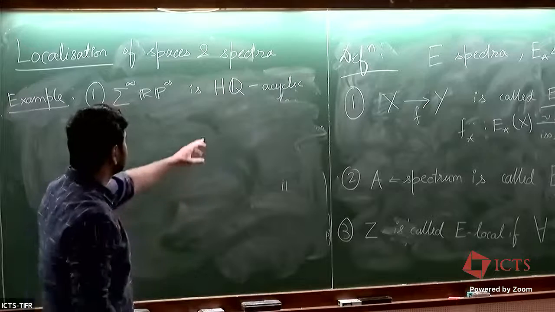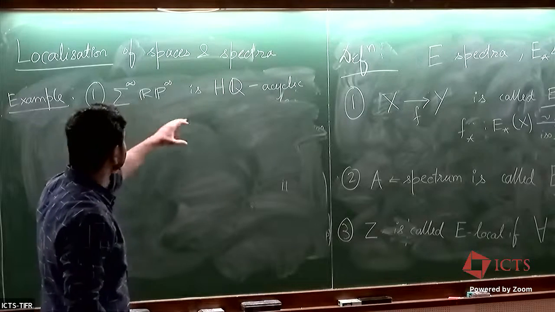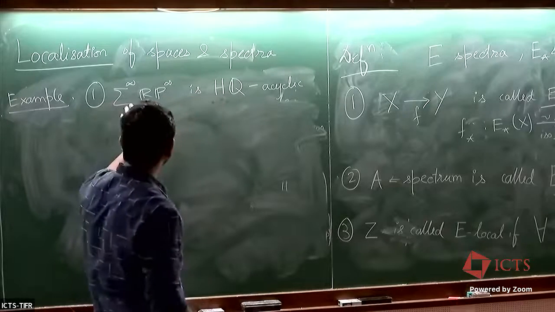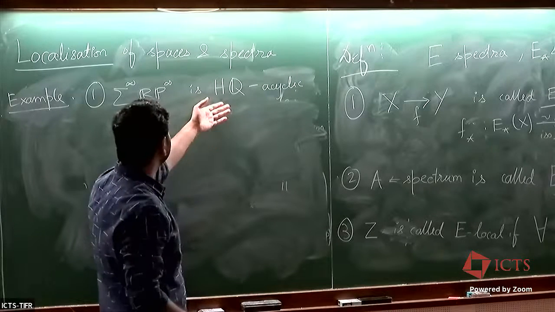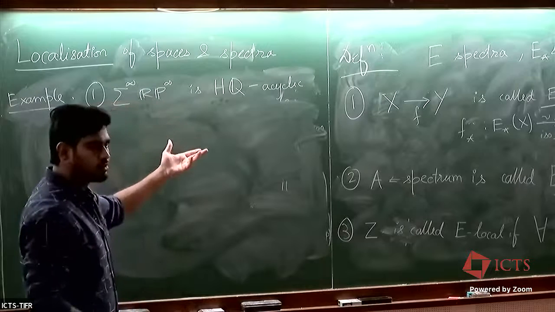Because if we look at HQ star, the induced homology of HQ on the suspension of RP infinity, that is going to be the homology of RP infinity with Q coefficients.